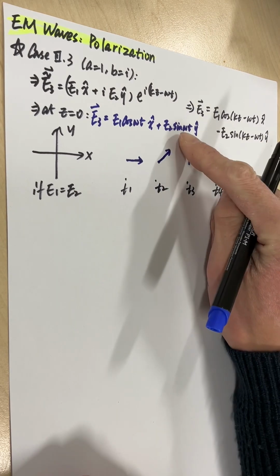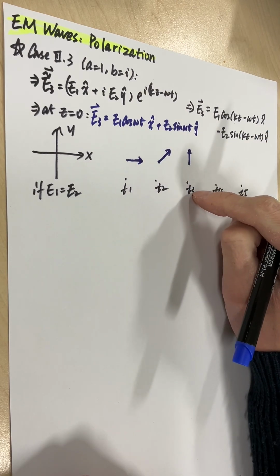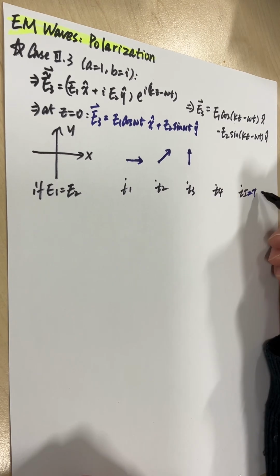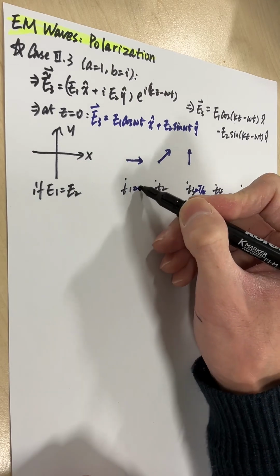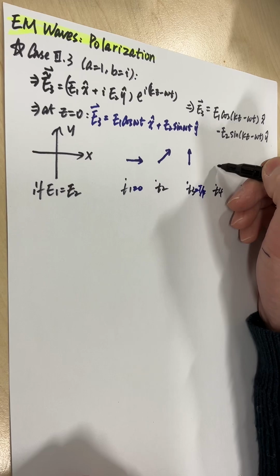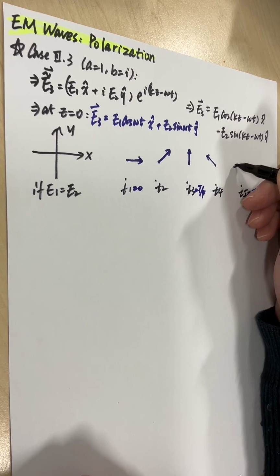You see, when we only have the y component, we don't have the x component. That is, T divided by 4. So this is T divided by 2. This is T divided by 4, and this is 0 for the time. And then we have here, and then here.